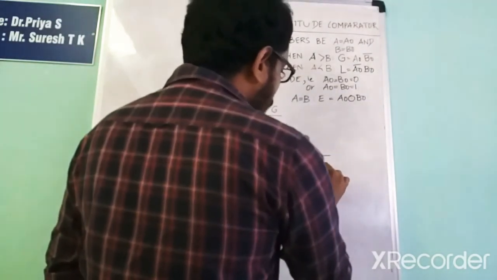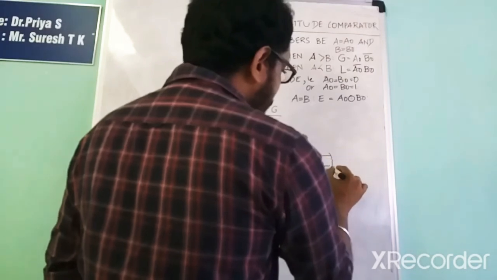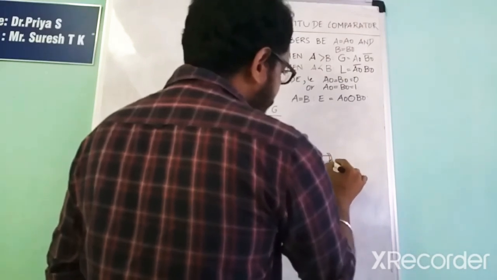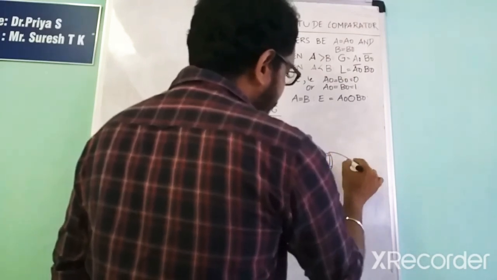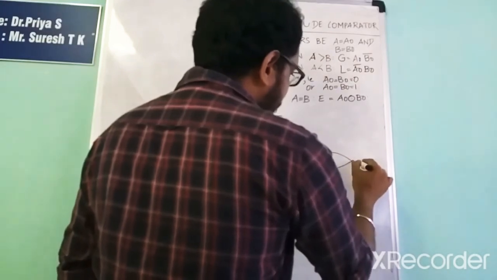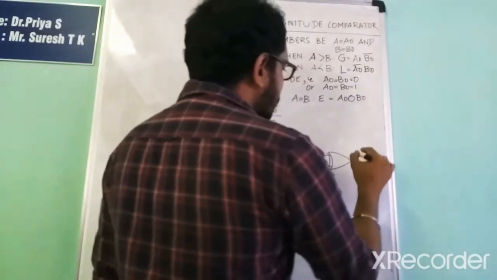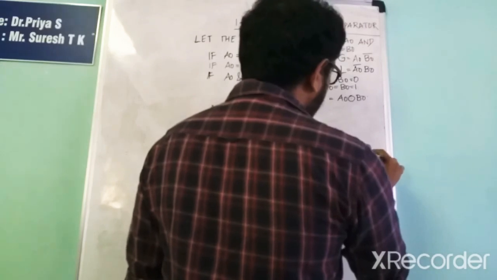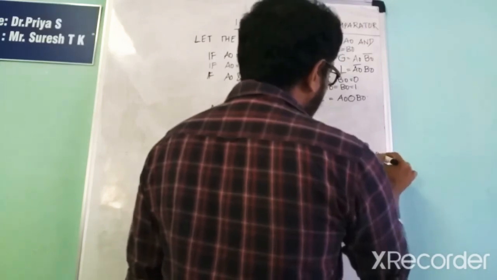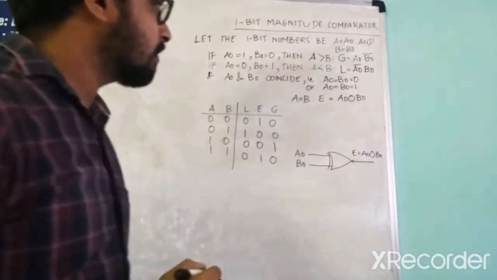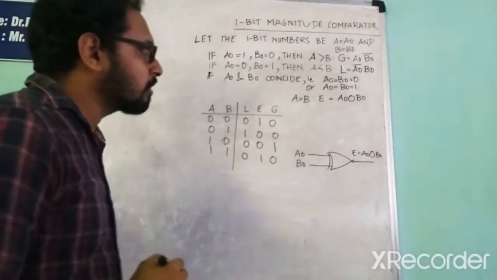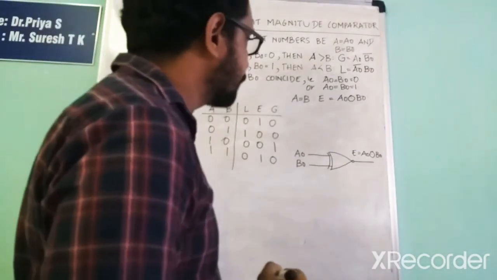First, go for the equality case: E is equal to A0 XNOR B0.